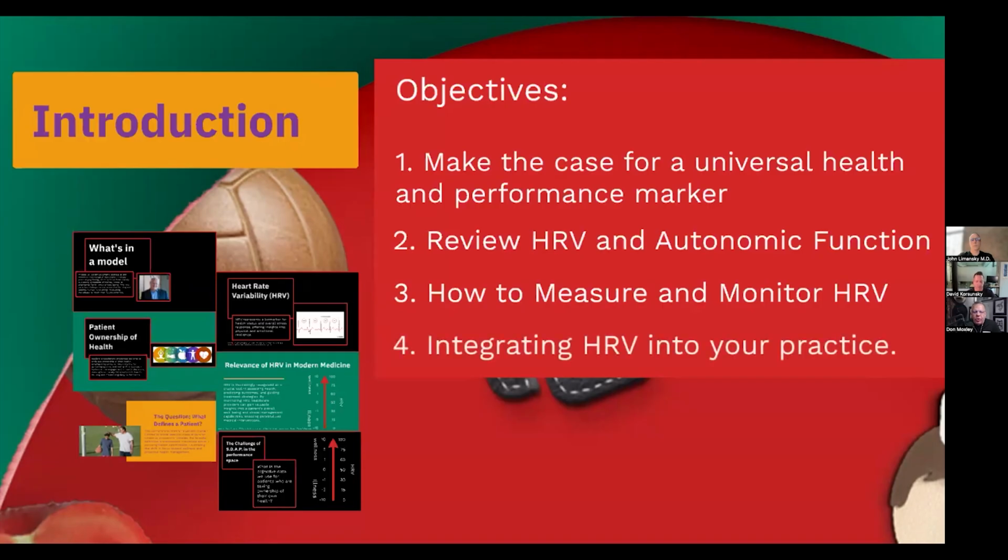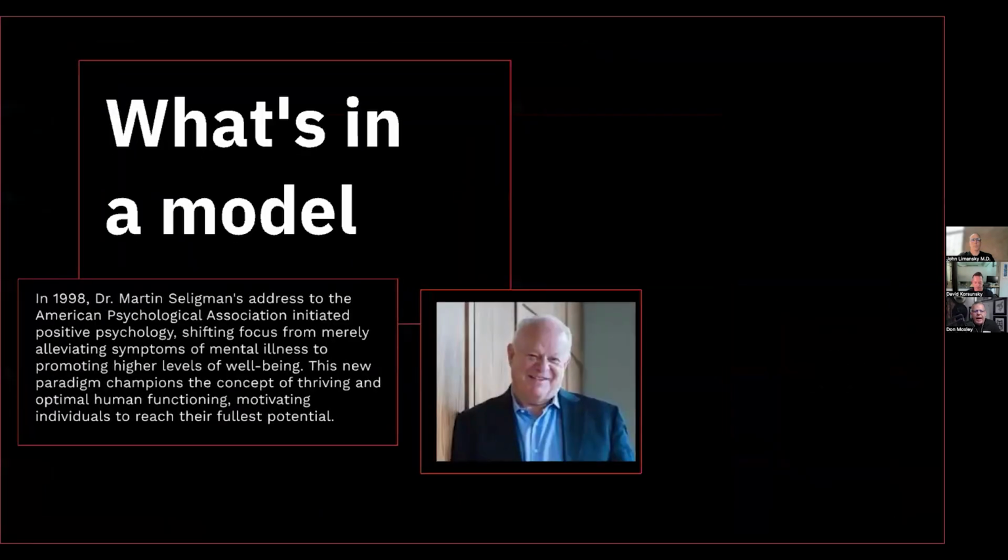And then finally, we're going to wrap up with some examples of how you can integrate this into your practice, either as a medical professional dealing with symptoms and illness, or as a performance professional. Whether it's sport or you've got a Wall Street client, these factors will go across the spectrum. So as we start, I like to think about a model.